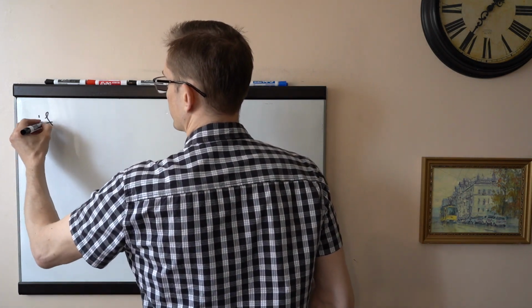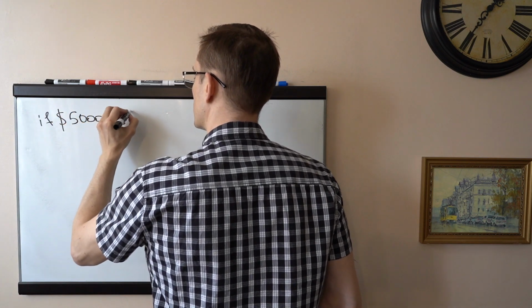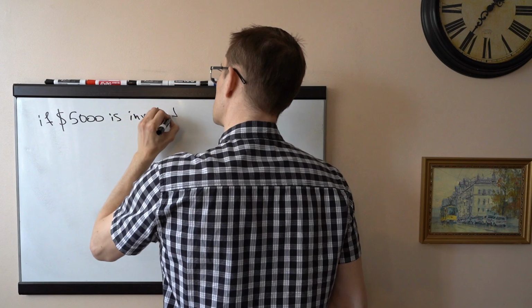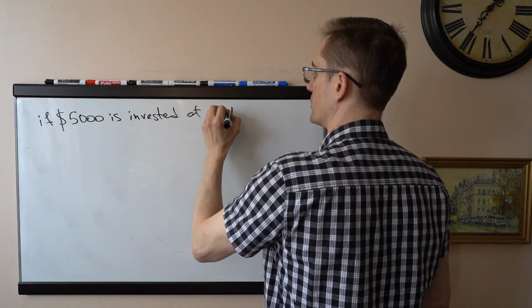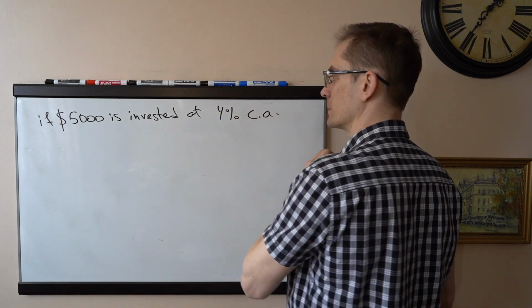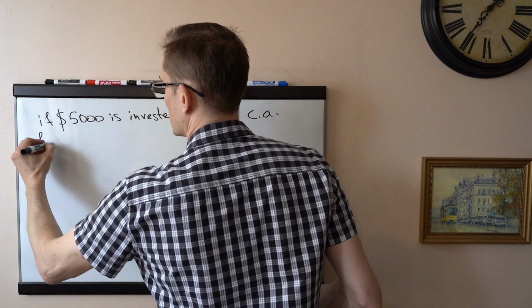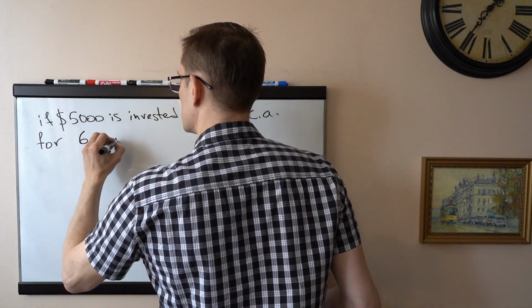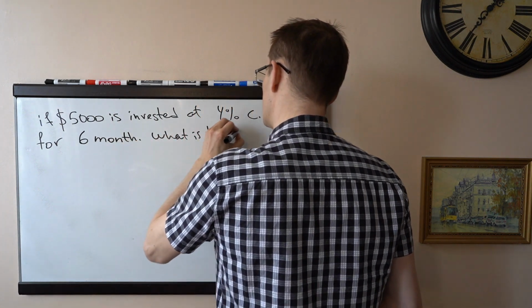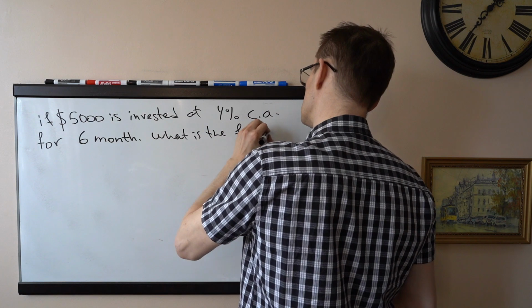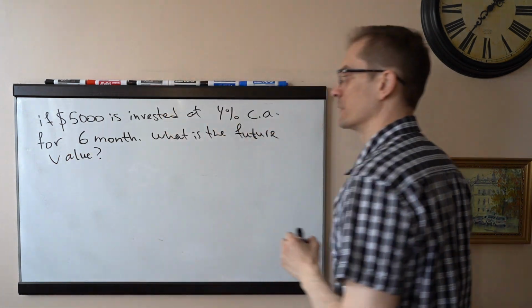Okay, if $5,000 is invested at 4% compounded annually for 6 months, what is the future value? What is the future value?